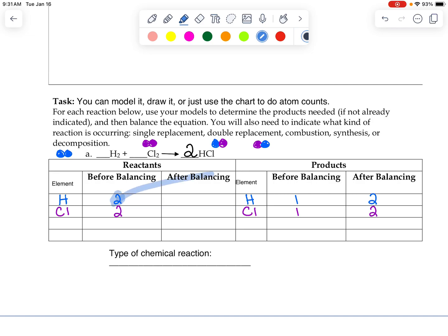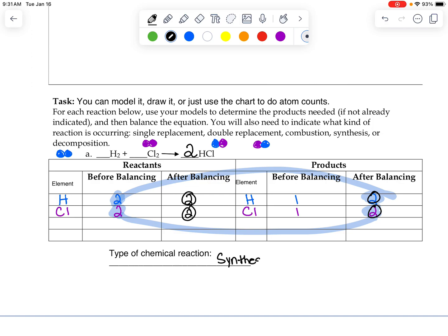Two hydrogen atoms in, two hydrogen atoms out, two chlorine atoms in, two chlorine atoms out. So after balancing, I now have everything equal. 2, 2, 2, and 2. Type of chemical reaction, this is a synthesis reaction because two are becoming one.